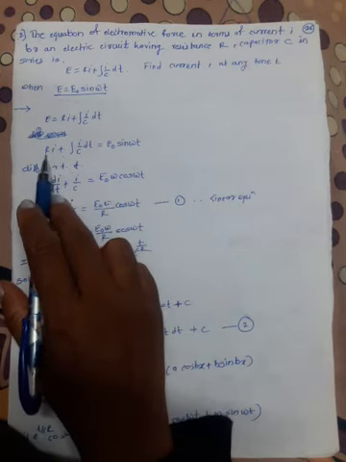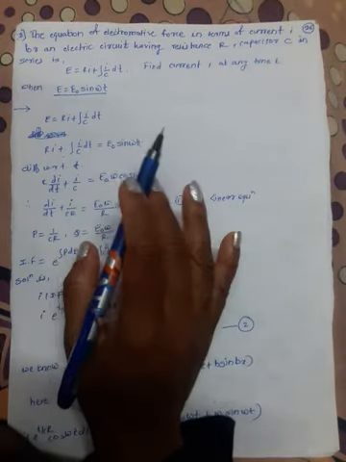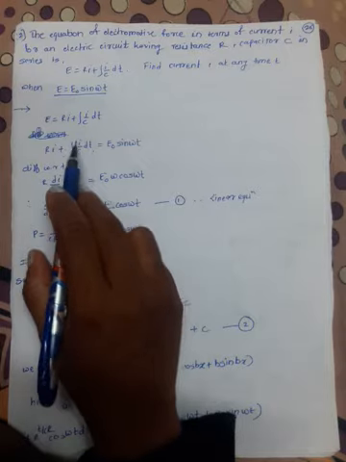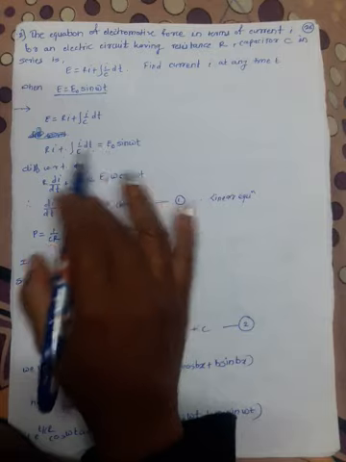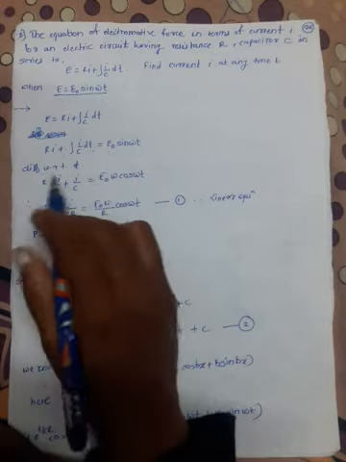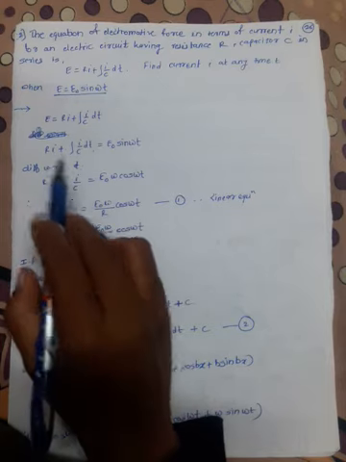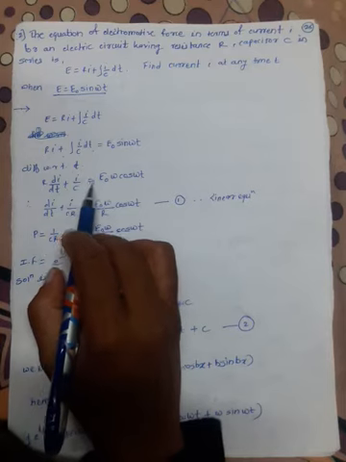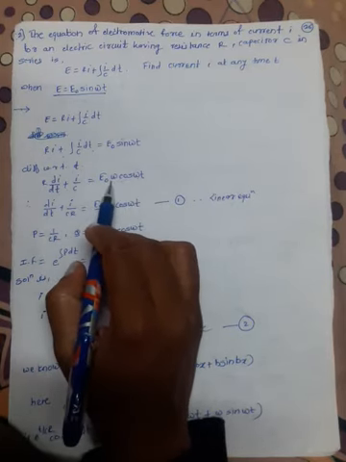Remember, capitals are constants; the only variables are I and t. Current and time are the only variables, and everything else, omega, E naught, R, C, is constant. R is as it is, differentiation of I is di by dt, plus the integration gets cancelled, I upon C is equal to E naught, and the derivative of sine is cos omega t into this omega.